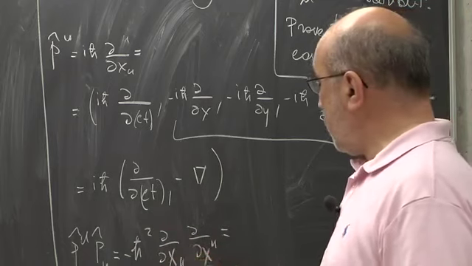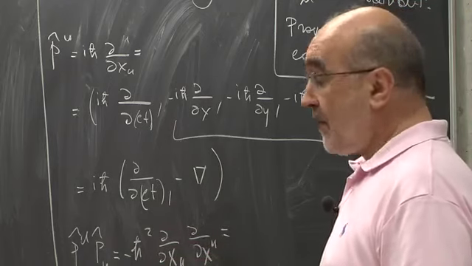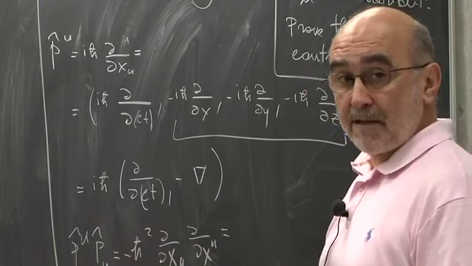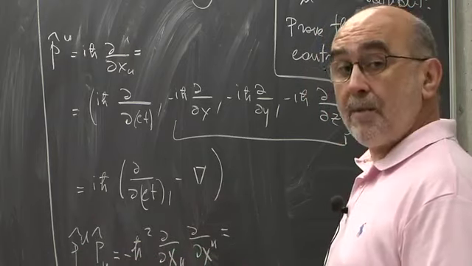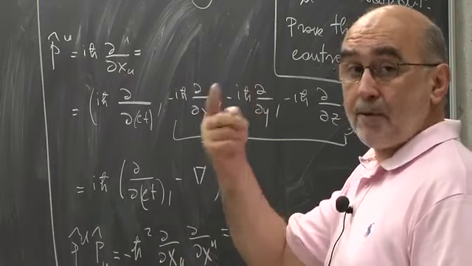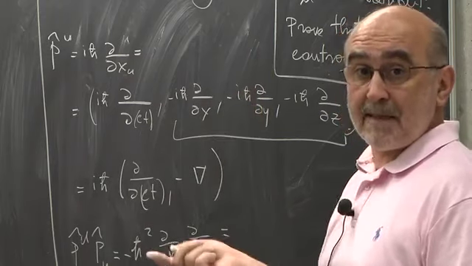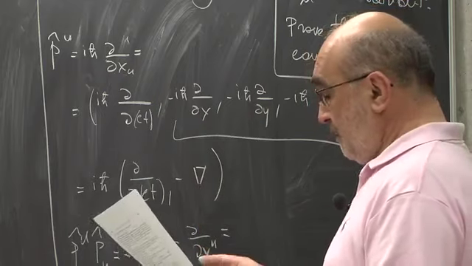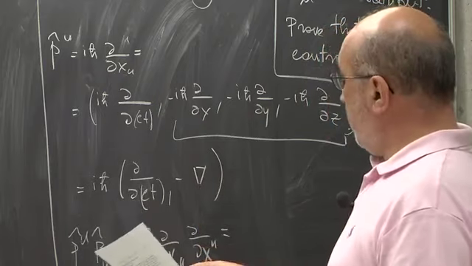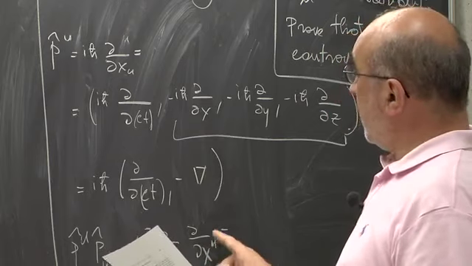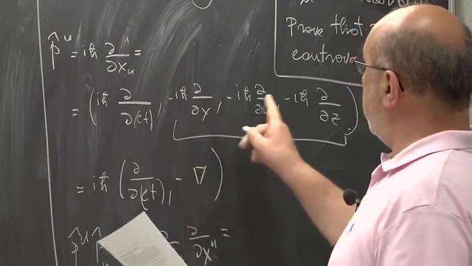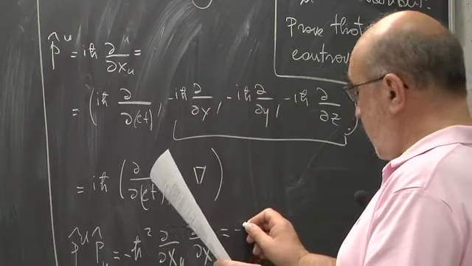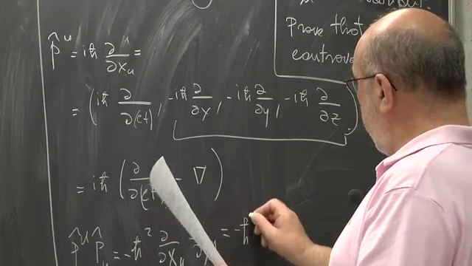Really, this object transforming x mu as a covariant vector implies that this one transforms as a vector. And the reason is this is in the denominator. When you bring up, not the inverse of the matrix, but the direct matrix. And the same with this one. Now, if you do this, remember, one has index up, the other has index down, so the sign here changes, and what you get is the following. Minus ħ squared.